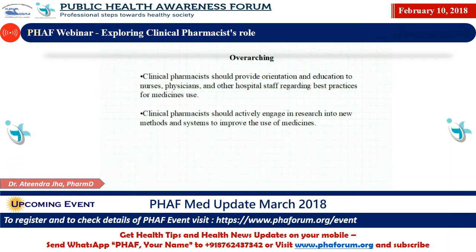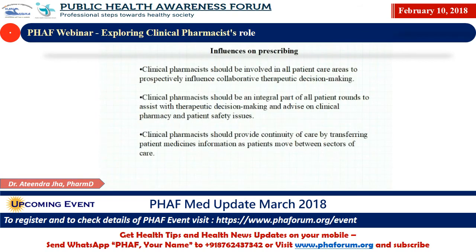Clinical pharmacists should be involved in all patient care areas, prospectively influencing collaborative therapeutic decision making. Clinical pharmacists can help the doctors in making decisions about which drug should be given. They should join all patient rounds to assist with therapeutic decision making and advice on clinical pharmacy issues.